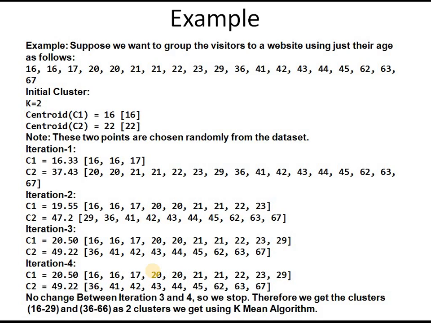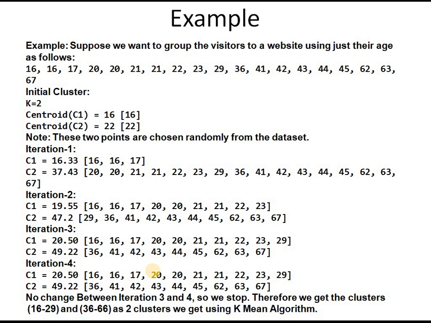At the next iteration, we again choose some values from centroid C2 to place in C1, and we look at C1. We got the values 16, 16, 17, 20, 20, 21, 21, 22 and 23, and the remaining values reside in cluster number 2.